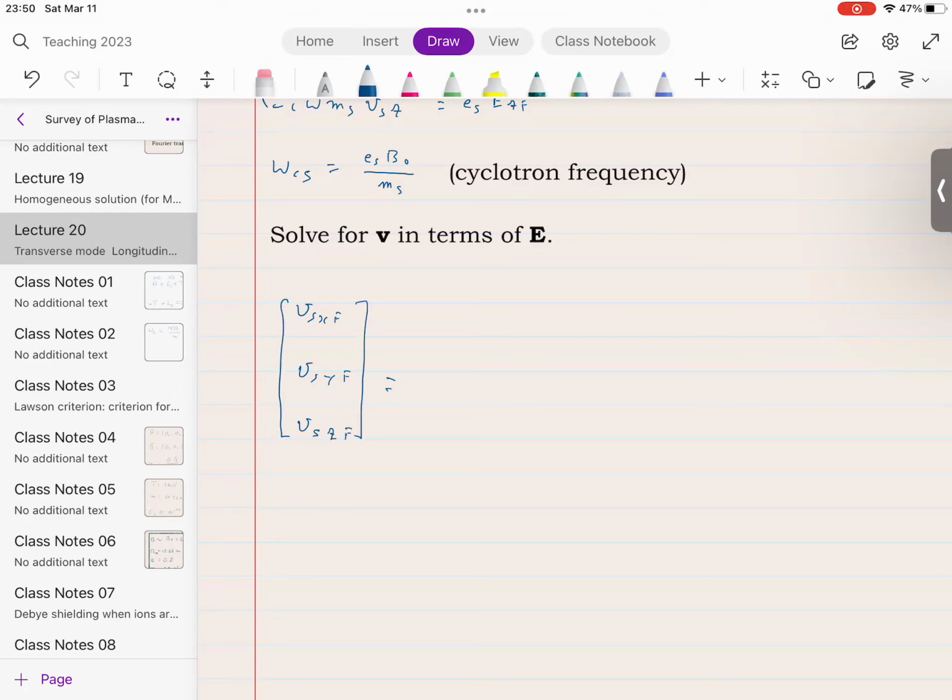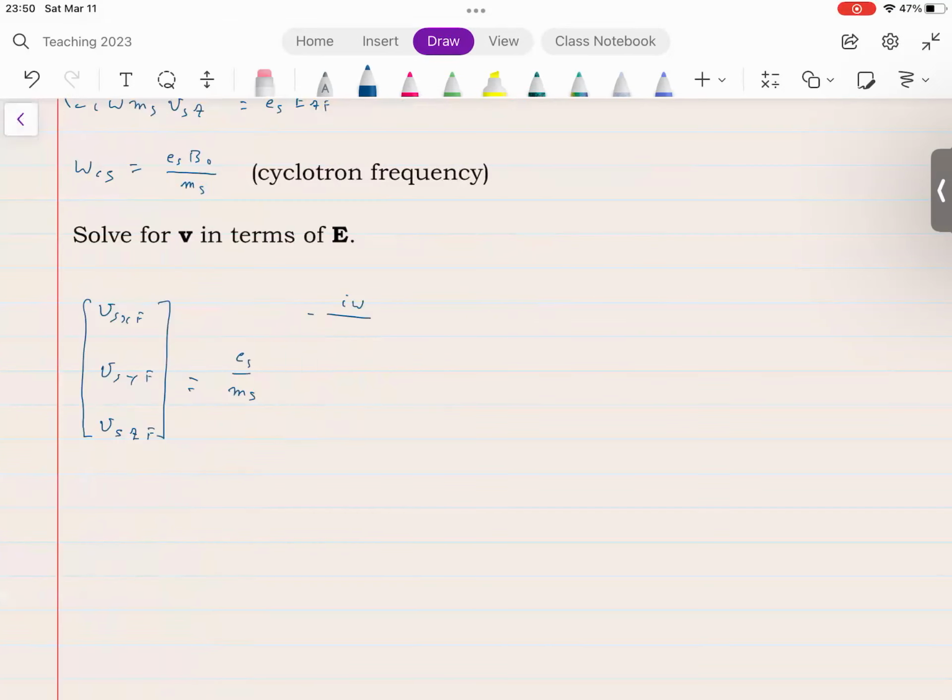And they're going to be equal to Es over Ms times minus i omega over, well, let me write it in detail for at least the first time.